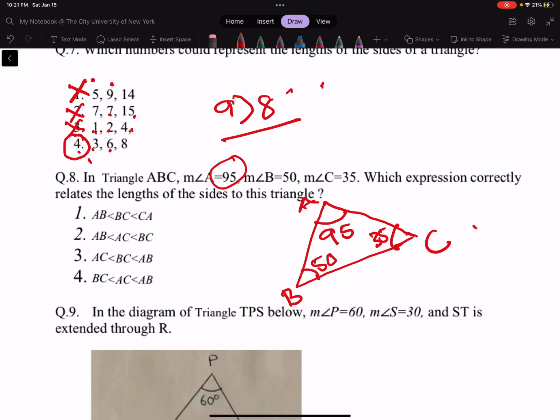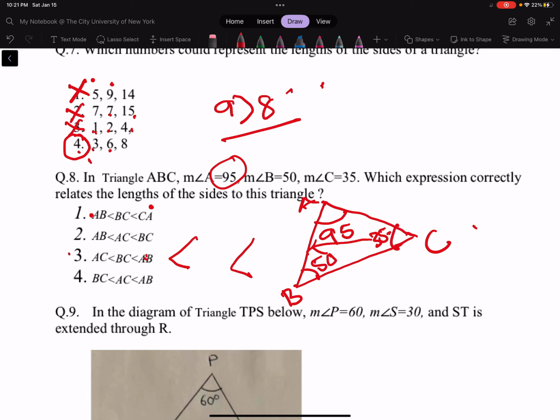The largest side will be at the last and the first one will be the smallest side. The smallest angle is 35, so its opposite is AB. So in the beginning, it should start with AB.